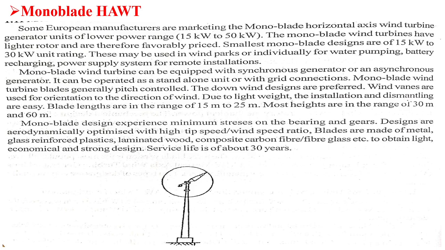Monoblade HAWT. Some European manufacturers are marketing monoblade horizontal axis wind turbine generator units of lower power range, 15 kilowatt to 50 kilowatt. The monoblade wind turbines have a lighter rotor and are therefore favorably priced. Smallest monoblade designs are of 15 kilowatt to 30 kilowatt unit rating.